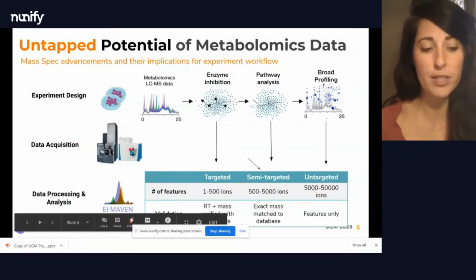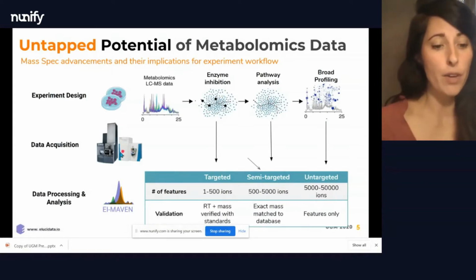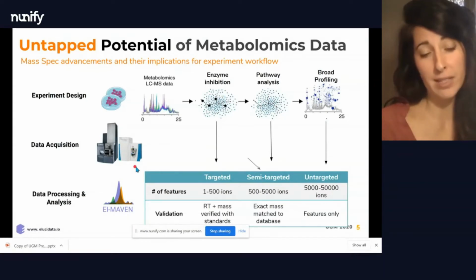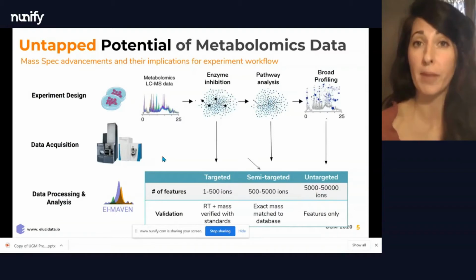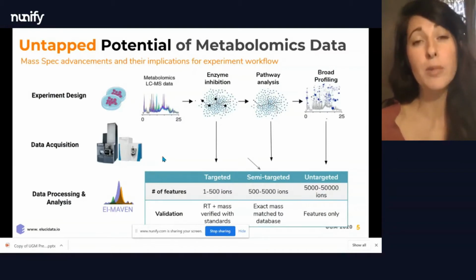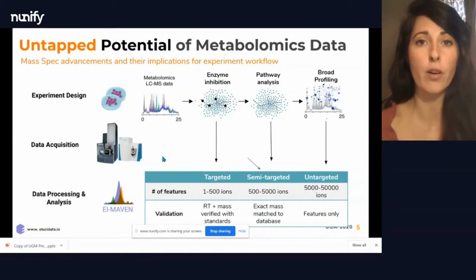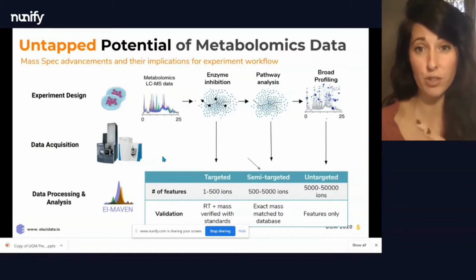And this is in principle a result of the advancements in mass spec-based technology with the commercialization of more of these high-resolution accurate mass instrumentation, specifically the Q-Exactive with the Orbitrap technology from Thermo. Adoption of these instruments into our pipeline has really changed the way that we acquire data.